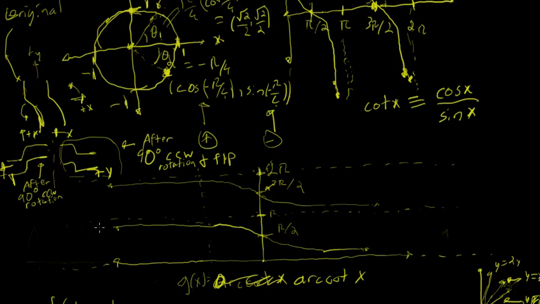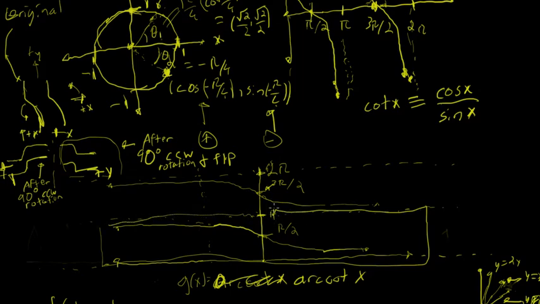capital, just looks like what I've boxed here. This is pi. This is capital arc cotangent of x, and they call this the principal arc cotangent.